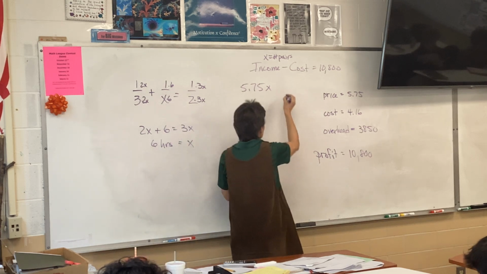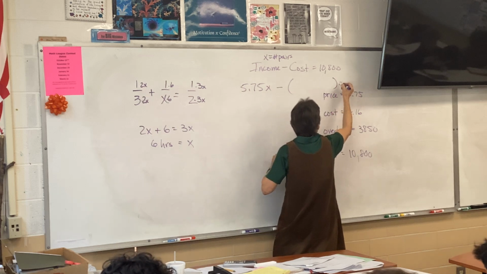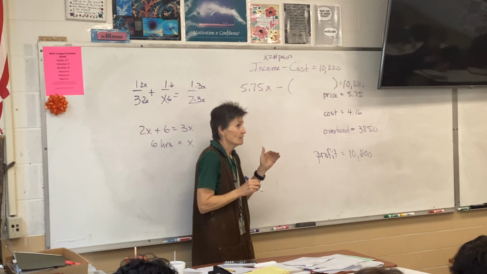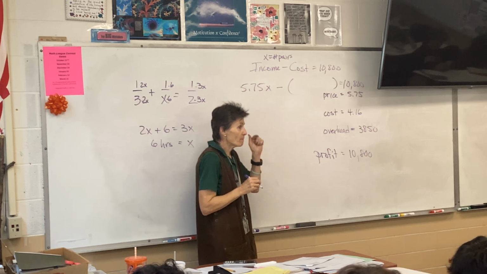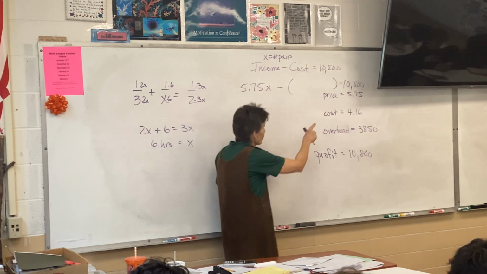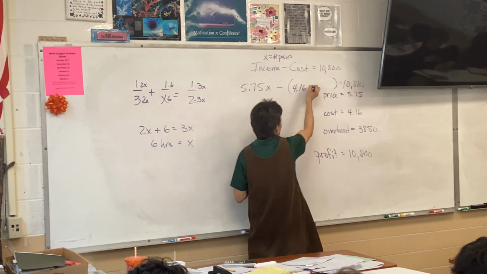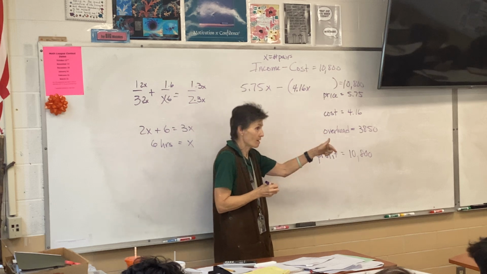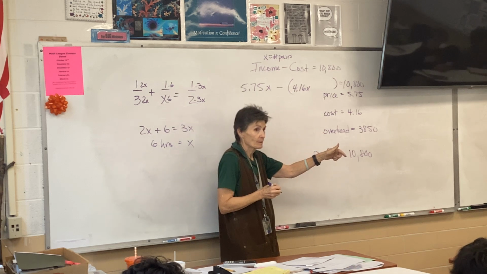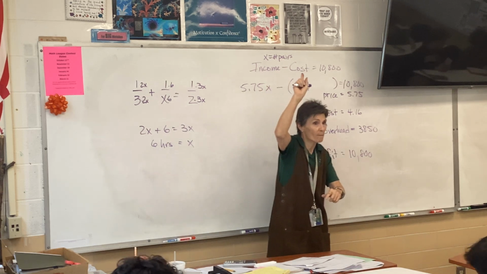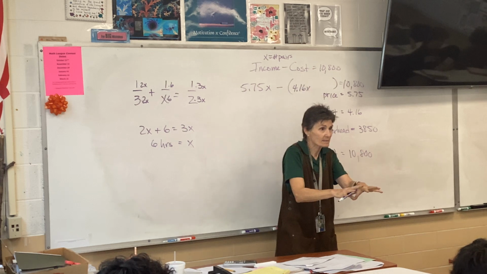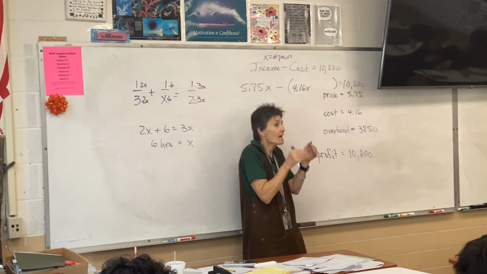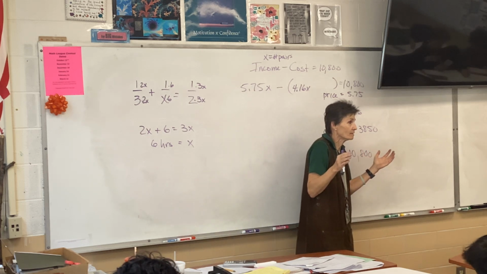Okay, now, what are his costs? His costs are in two parts, you guys. Every pair of socks he makes costs him $4.16 per pair, so 4.16x. But he also has to pay the light bill, pay his taxes, pay all of those things that he has to pay whether he makes socks or not, right?